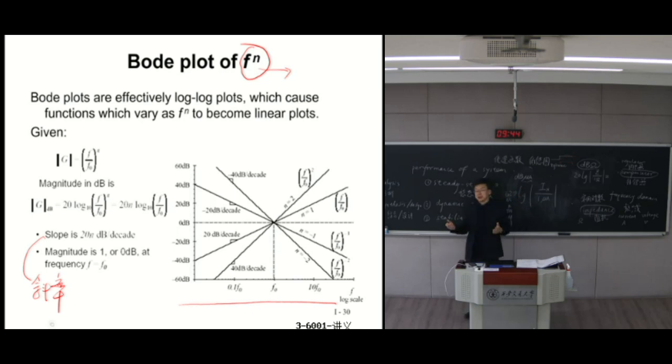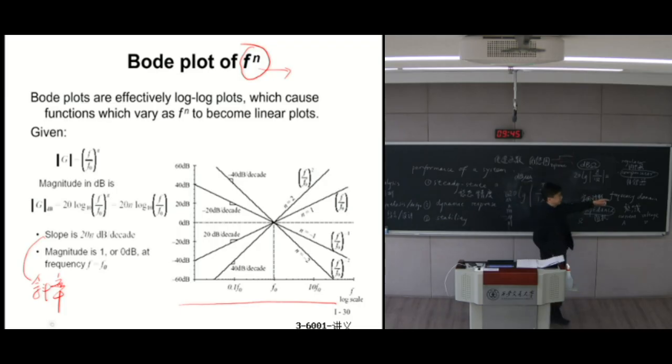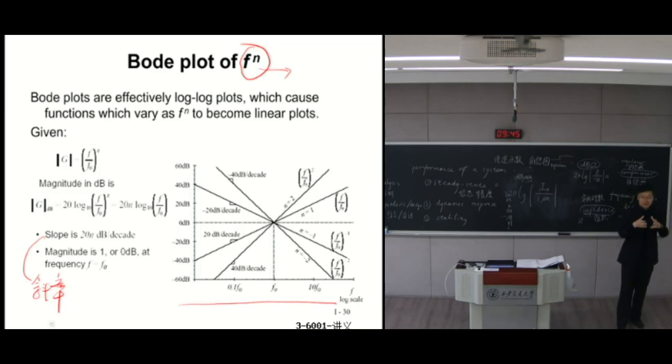So very often students would be asking, why do we always take so much trouble in using log scale? The benefits of using log scale are now shown here. Because very often we will be dealing with a transfer function in the form of frequency to the nth power.